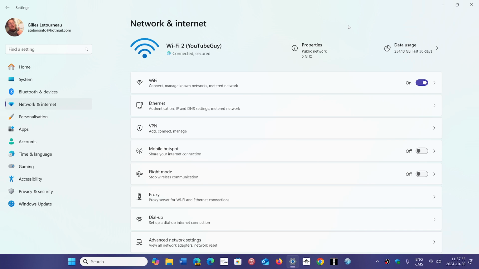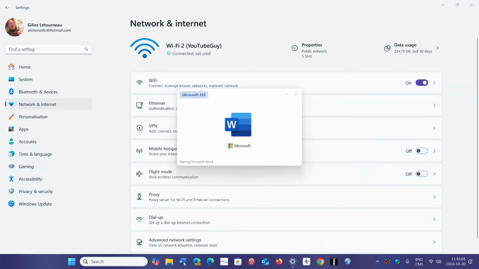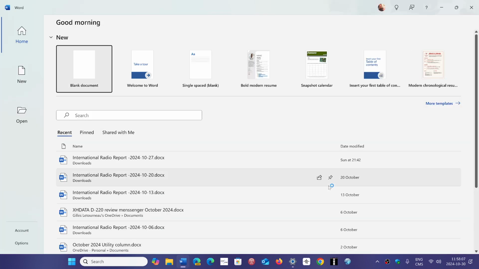And one of them, a lot of the times that I've seen, for example, is Microsoft Office problems. So you open Word or Excel and it gives you an error message. Don't know why. And once again, you look at what's the problem and you realize that it's not Office that's the problem.